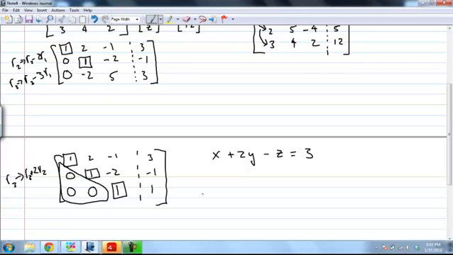Note that the first row has not changed, and therefore the first equation is not changed. However, the second row has changed, so my new second equation is y minus 2z equals negative 1. The third row has also changed. My third equation is z equals 1.